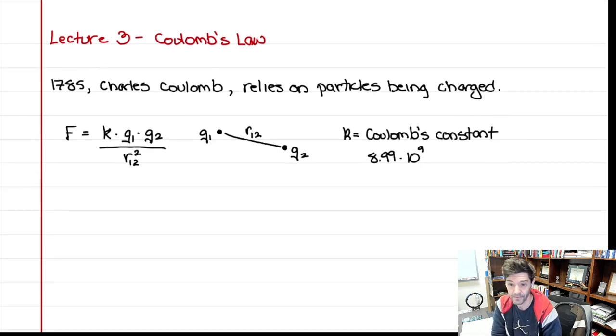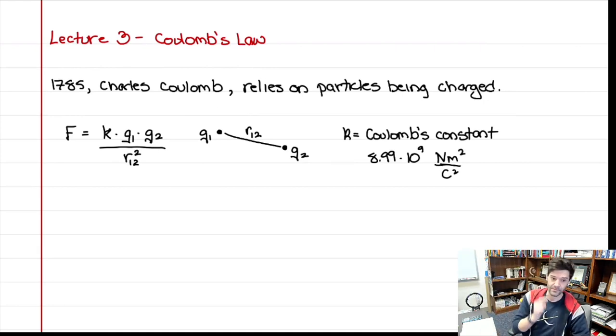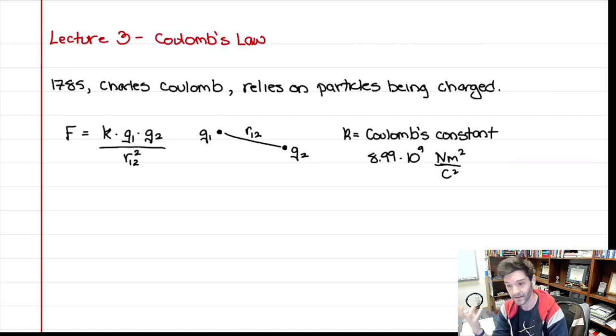You know the units of force, and Q has units of coulombs, and r has units of meters, in SI units. You can work out that this then better have units of newton meter squared per coulomb squared. So that when you multiply it by two charges, that gets rid of the coulomb squared in the denominator. When you divide by a distance squared, that gets rid of the meter squared in the numerator. Overall, you're left with newton as the unit.